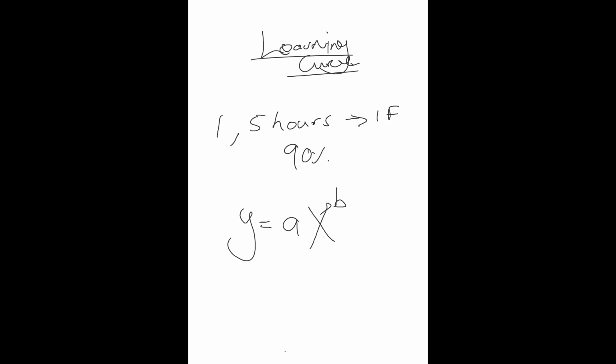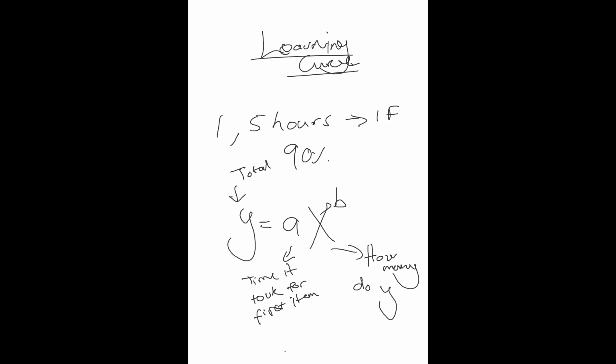What this formula means is: y is the time you're trying to calculate, a is the time it took you for the first item, x is how many you want to make, and b is the log of the learning curve divided by log 2.